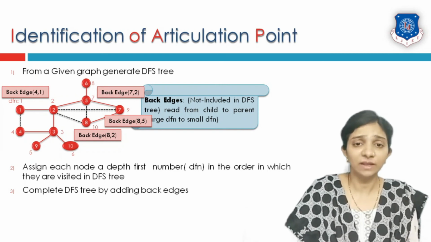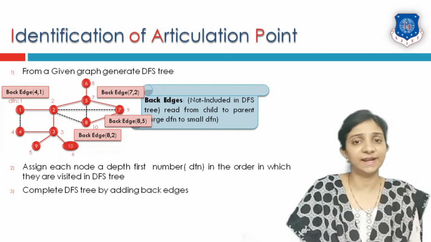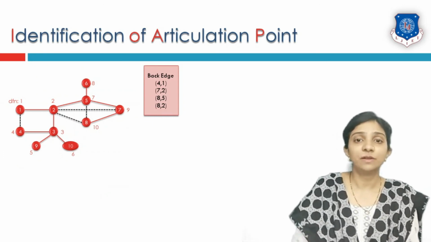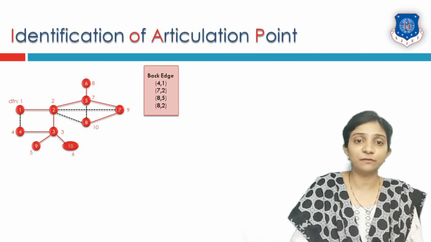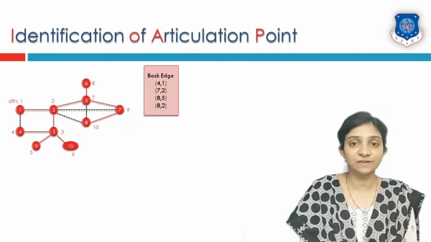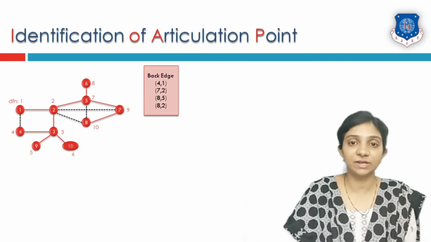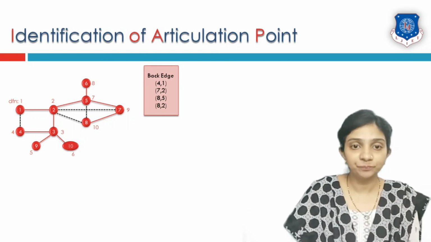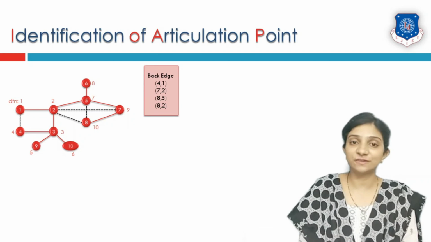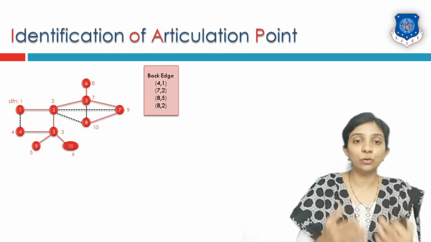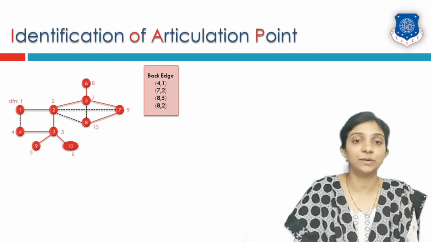So these are the back edges that are present in the graph. I will make a list of them so it will be easier for me for further calculation. There are only 4 back edges, that is 4, 1; 7, 2; 8, 5; and 8, 2. Now using this list of back edges and the resultant DFS tree, we are going to find the articulation points.